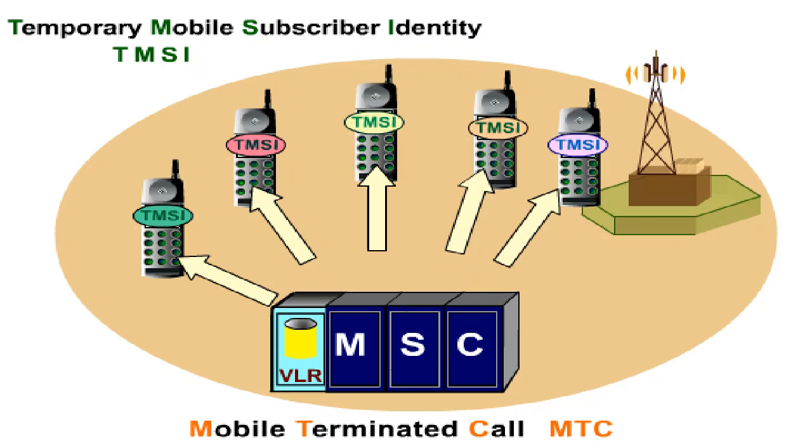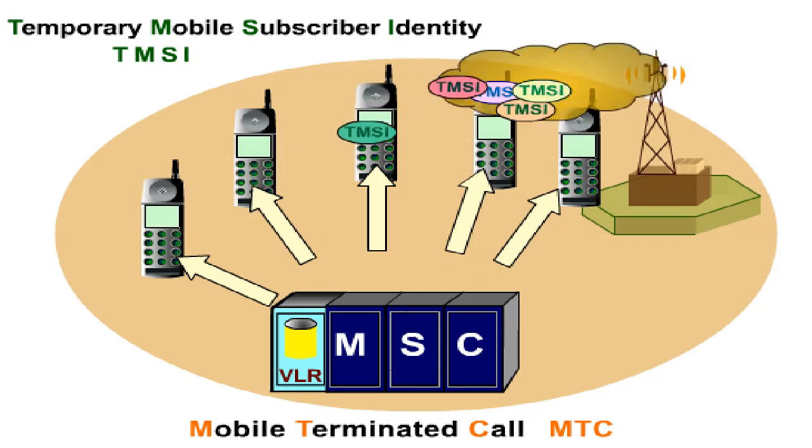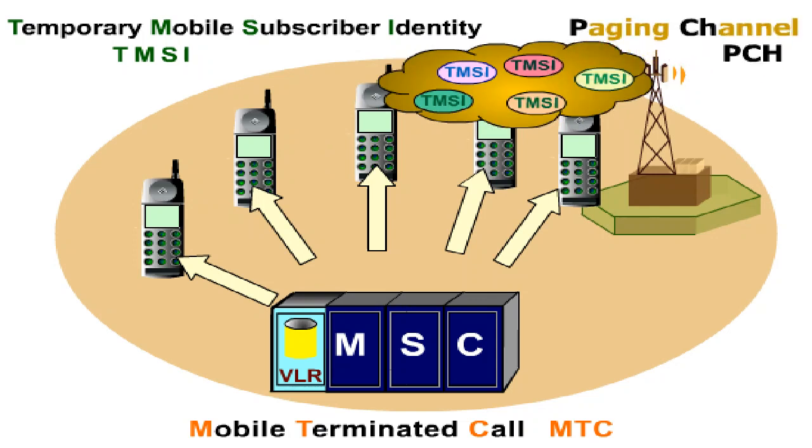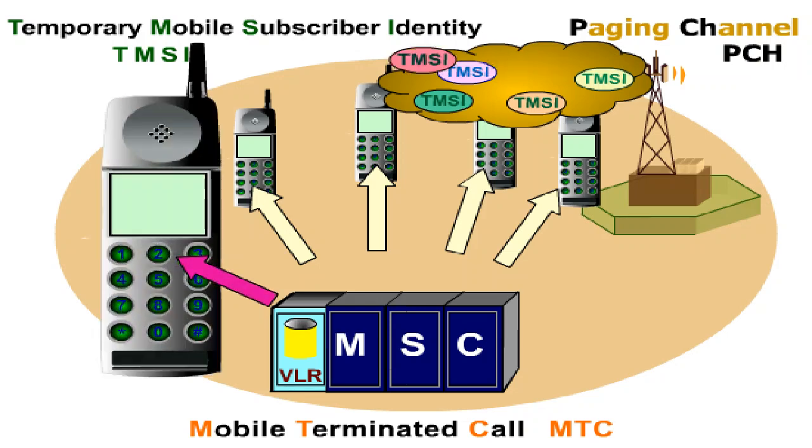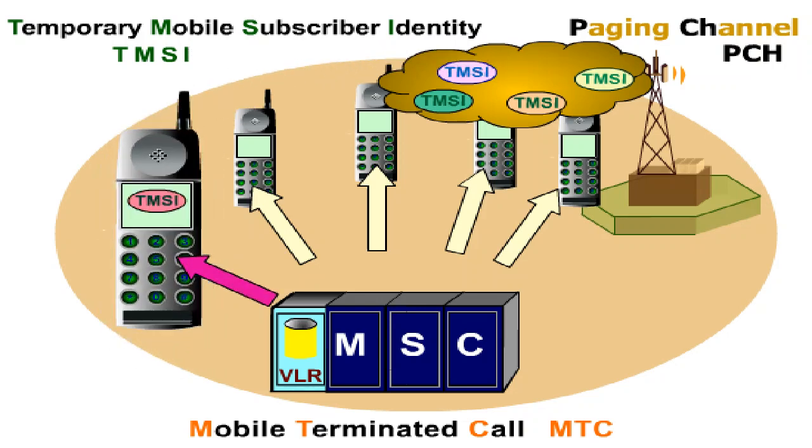Within the relevant location area, the TMSI of the called mobile station is broadcast on the air interface via the paging channel PCH. However, as the TMSI is clearly allocated within the VLR area, and thus also within the location area, only the called mobile station can identify the paging request and react accordingly.